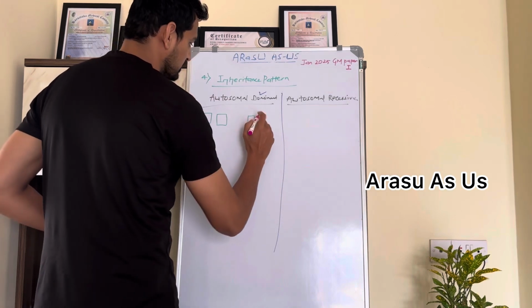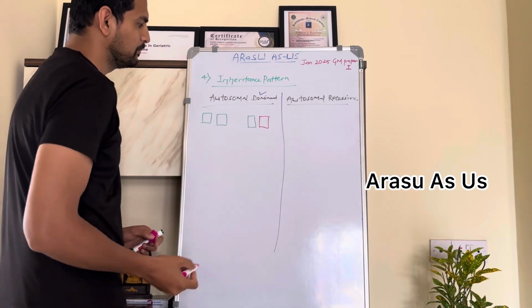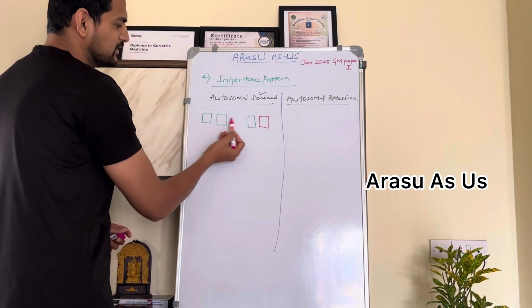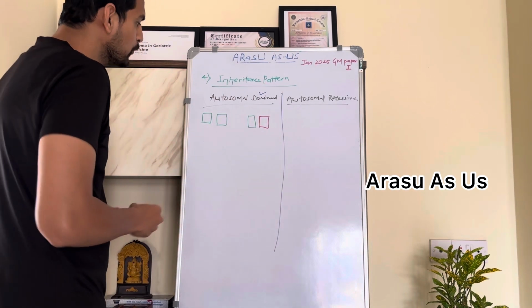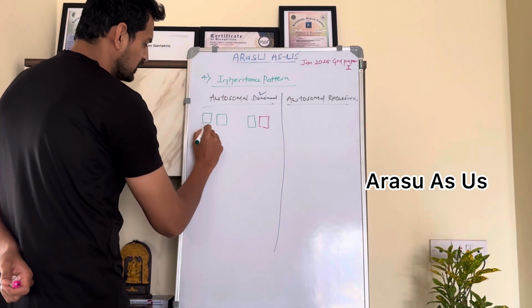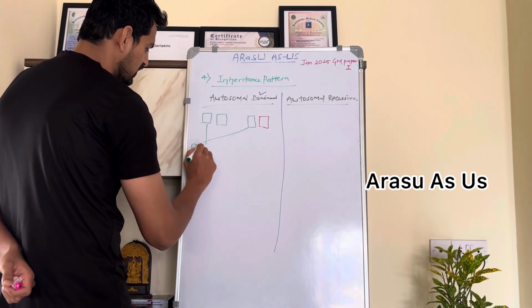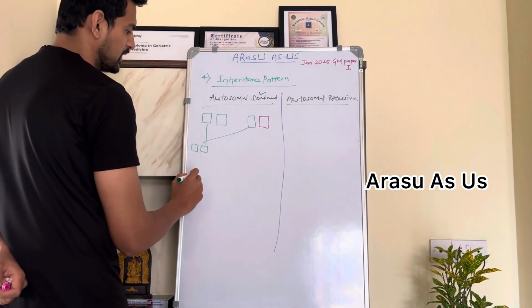So we are considering the affected allele in this pink color and the normal alleles in the green color. So here, how will be the pedigree? The upcoming generation, we will draw the pedigree now. Here, the child will be unaffected because both are normal alleles.